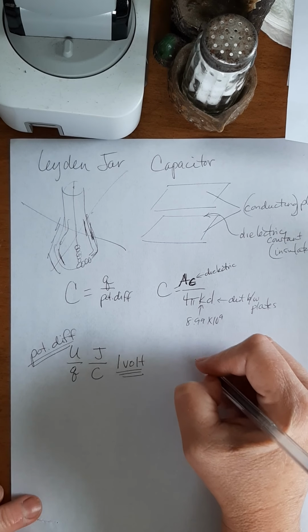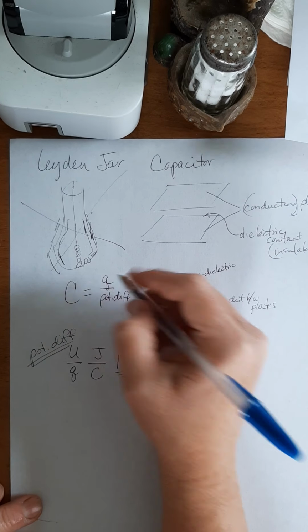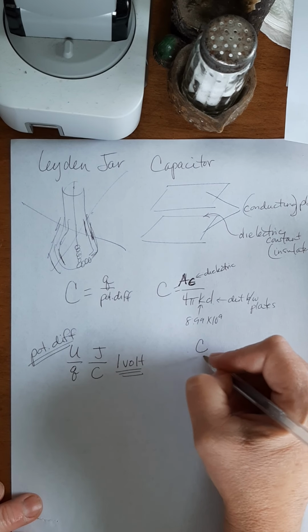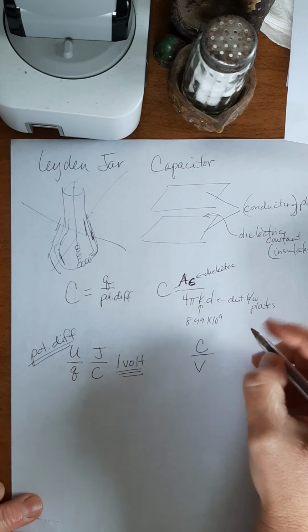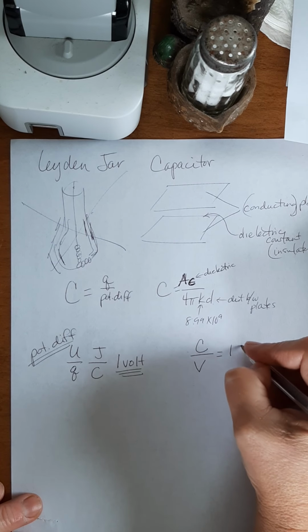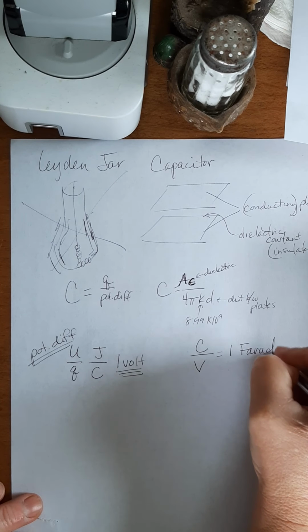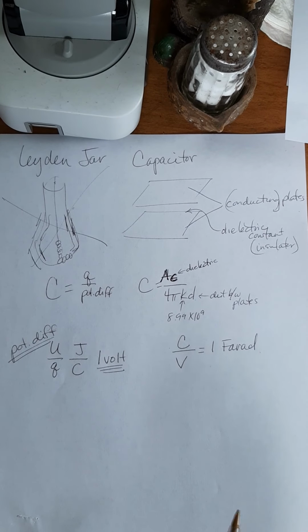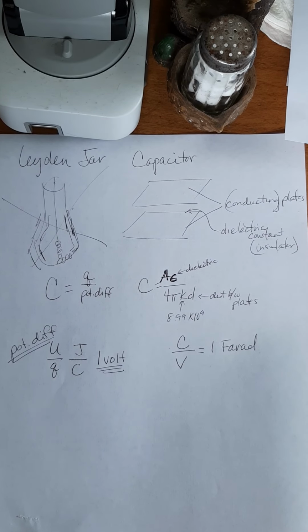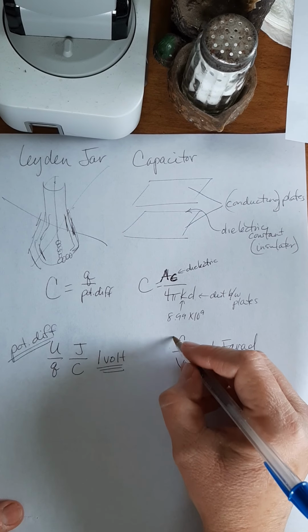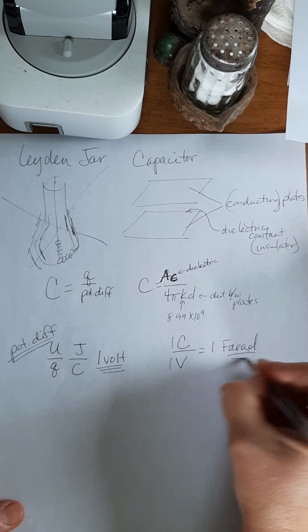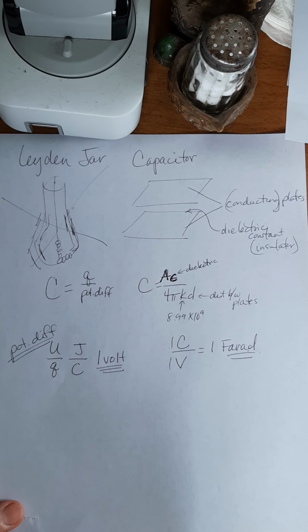Now capacitance, since it is charge or coulomb over volt, that is 1 farad, named after Michael Faraday, with the whole electric lines of force. That is 1 farad. So capacitance is measured in farads.